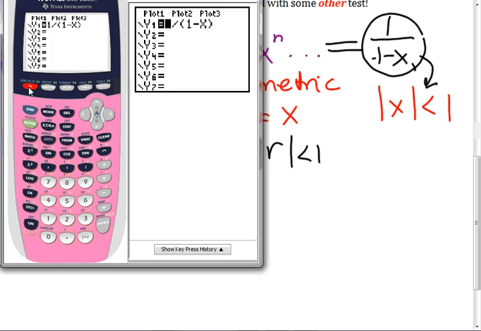Okay, now let me put this one in. And you know what? I could use a series, a sigma, because it does have it on there, but I don't care. It's 1 plus x squared. How many terms do you want? Plus x cubed. It is in the math menu, but I don't want to bother. Plus x to the 4th plus x to the 5th.